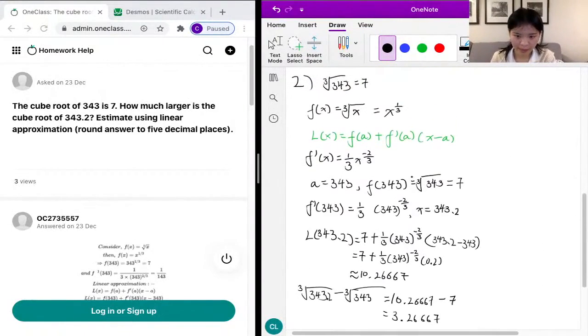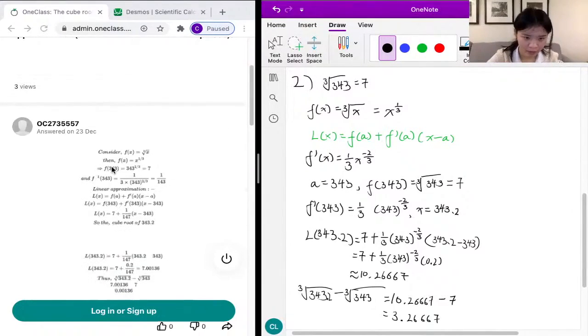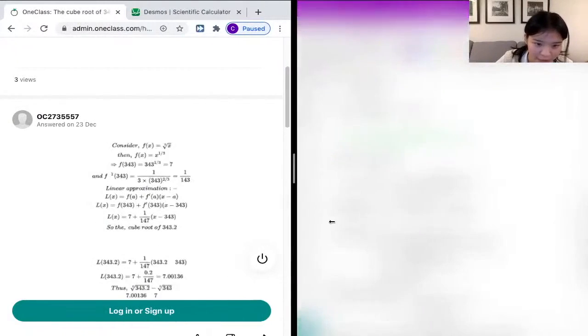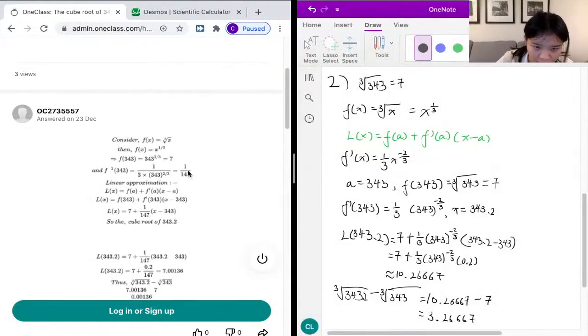Alright, let's look at our sample solution here. So they also use a function f of x equals the cube root of x. I mean, you have to use that function. And then they find the value of f of a first, and then the derivative of f of x, and they try to find f prime of a, which is probably correct.